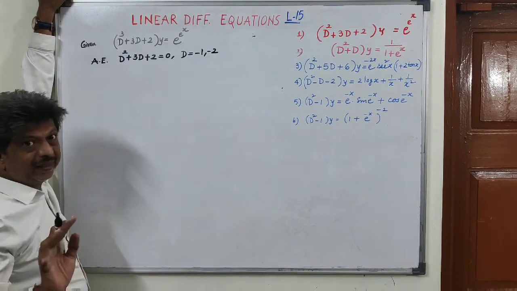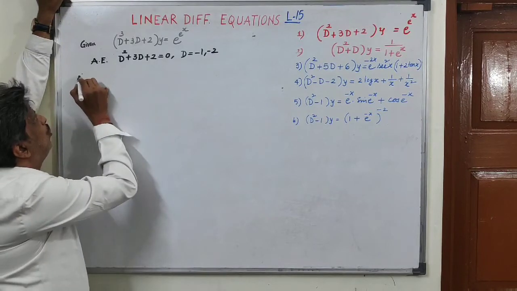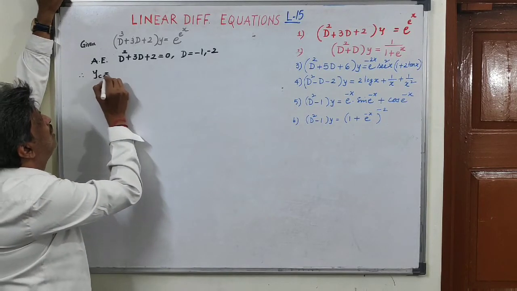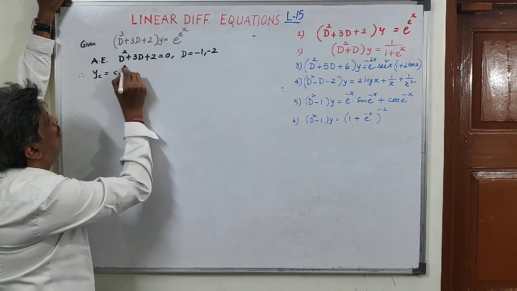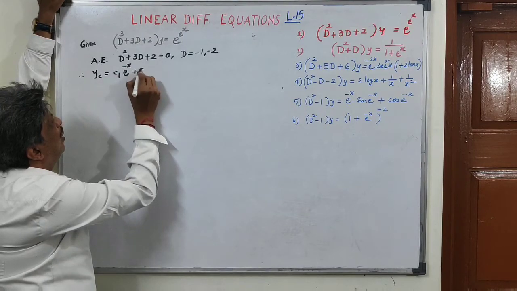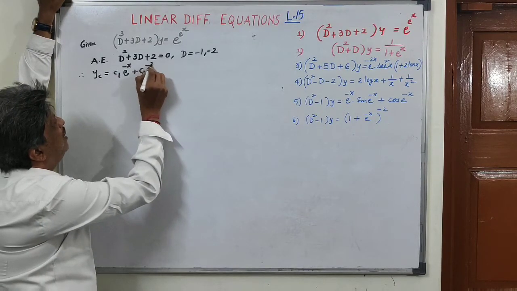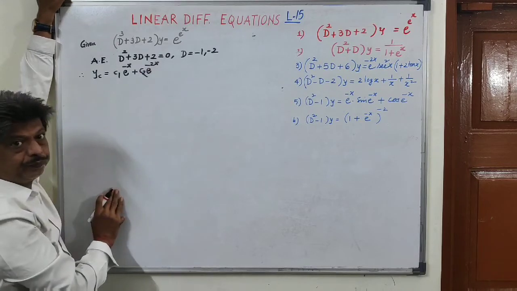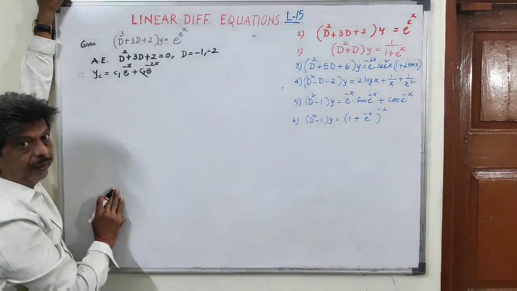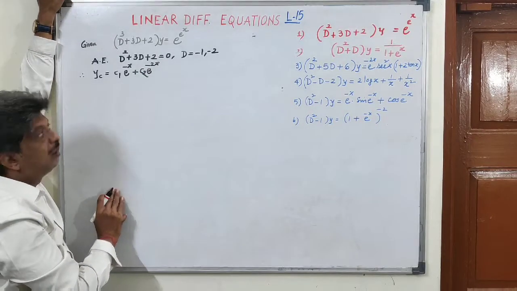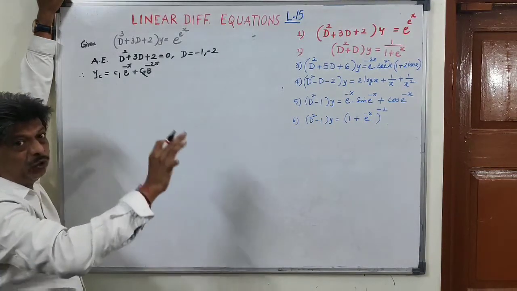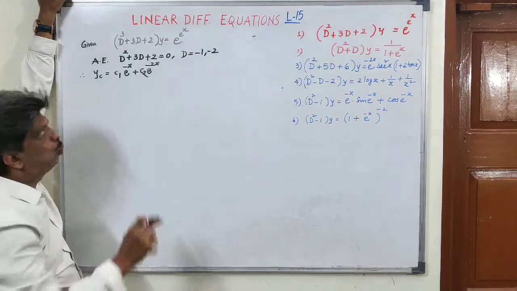The two real and distinct roots. Therefore, YC is C1 e raised to power minus x plus C2 e raised to power minus 2x, because D square plus 3D plus 2 is equal to (D plus 1) into (D plus 2).